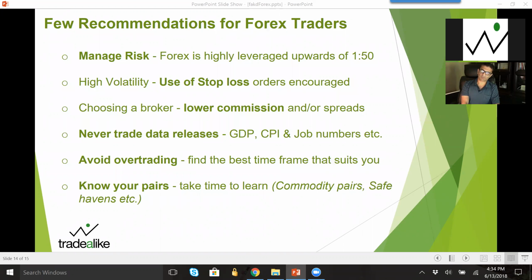With Forex, it's much higher, like 1 to 50, going upwards to 1 to 200, 1 to 400. But that creates another problem, in the sense that you have to manage your trades very carefully. You can make a lot, but with that kind of leverage, you can lose a lot too. So you've got to be careful with the risk you're taking.